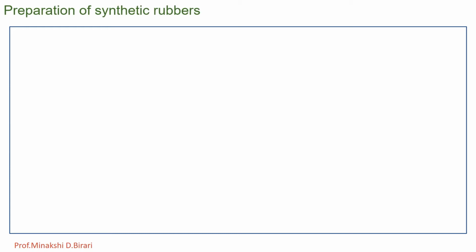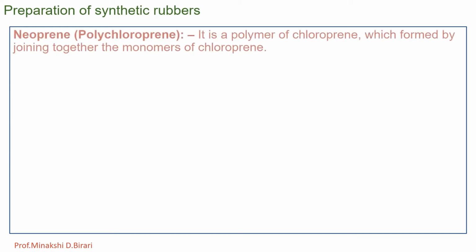So how can synthetic rubbers be prepared? As I have told, the first synthetic rubber was made in Germany during World War I when Allied forces of America and Britain cut off the supply of natural rubber to Germans.